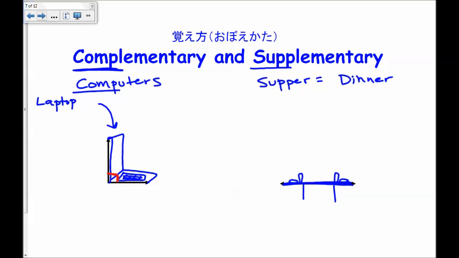So flat tables have an angle of 180 degrees because they are flat. The other way to remember complementary and supplementary is that in the alphabet, C comes before S, just like 90 comes before 180. So they are in order.